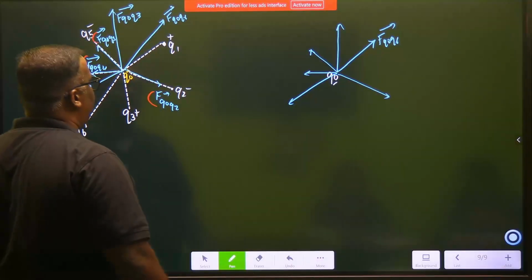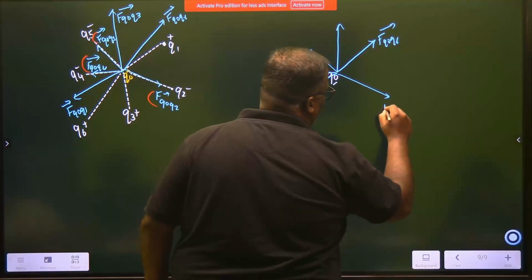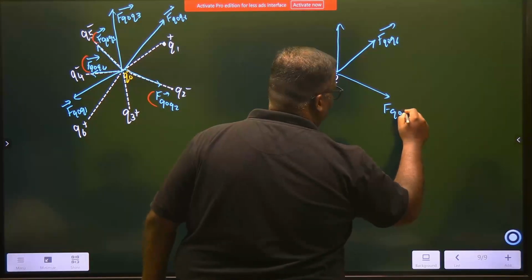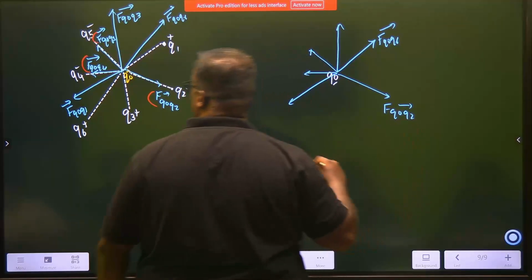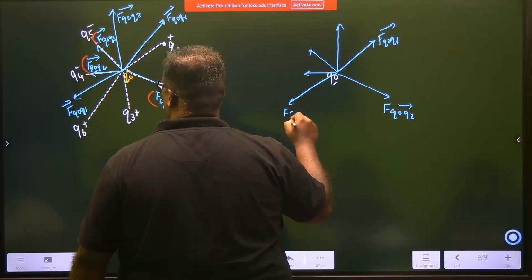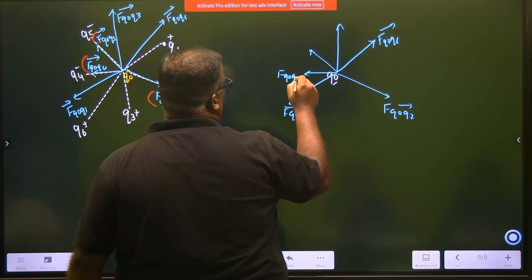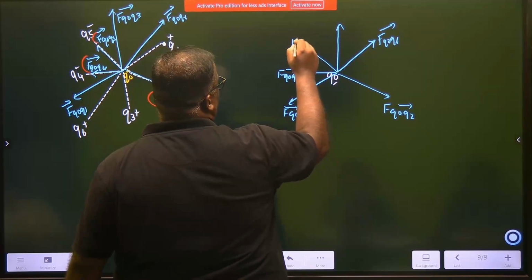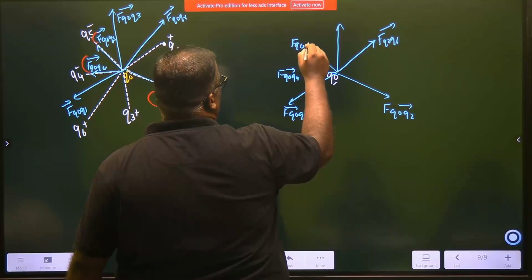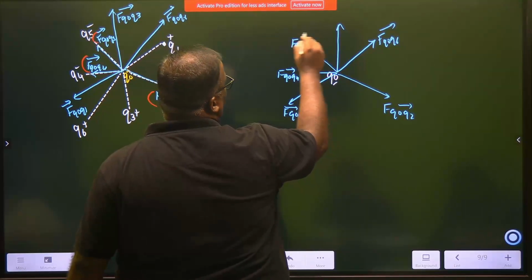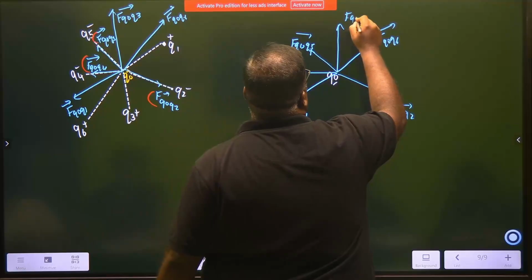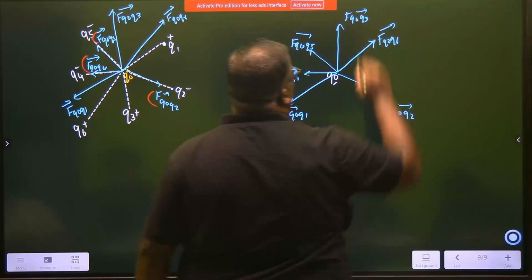Fine, which is F Q0 Q2, and this is F Q0 Q1, and this is F Q0 Q4, and this is F Q0 Q5. That's it. F Q0 Q3. Clear, children?